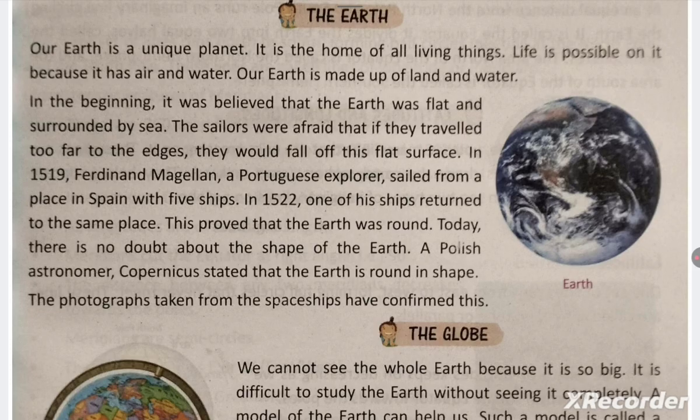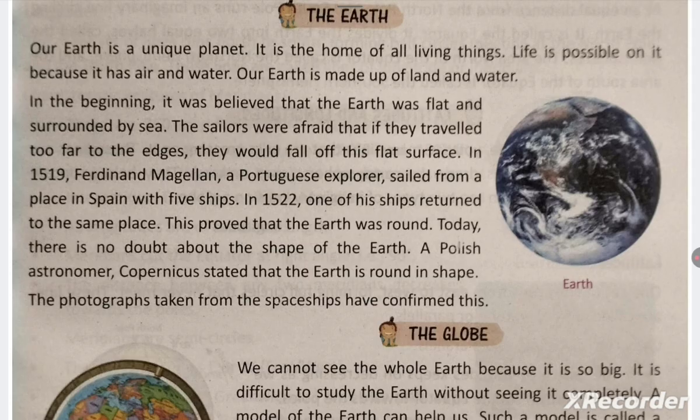In 1519, Ferdinand Magellan, a Portuguese explorer, sailed from a place in Spain with 5 ships. In 1522, one of his ships returned to the same place. This proved that the earth was round.